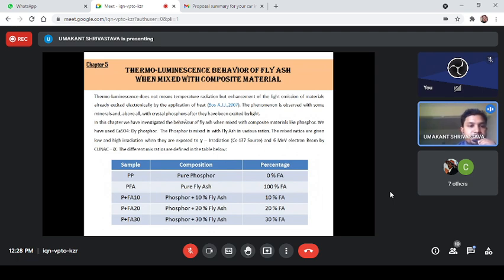We have used calcium sulfate dysprosium phosphor, and the phosphor is mixed with the fly ash in various ratios, given in the table. We have 5 different compositions: pure phosphor, pure fly ash, phosphor plus 10% fly ash, phosphor plus 20% fly ash, and phosphor plus 30% fly ash. And these are the names of those samples.